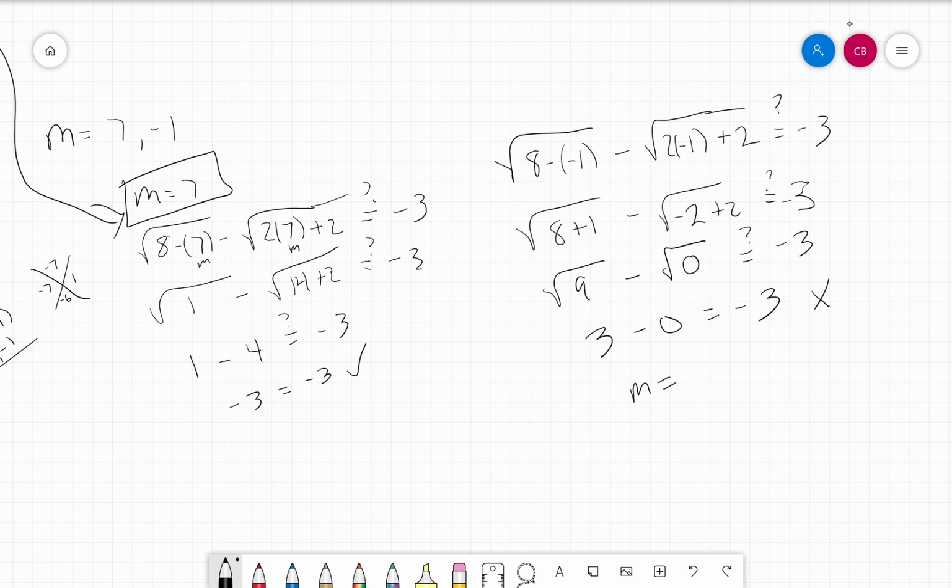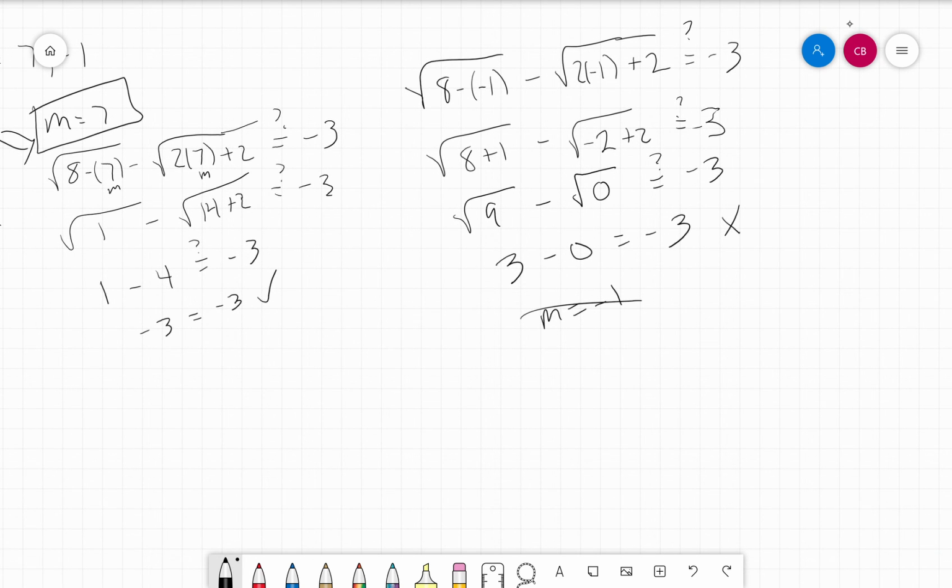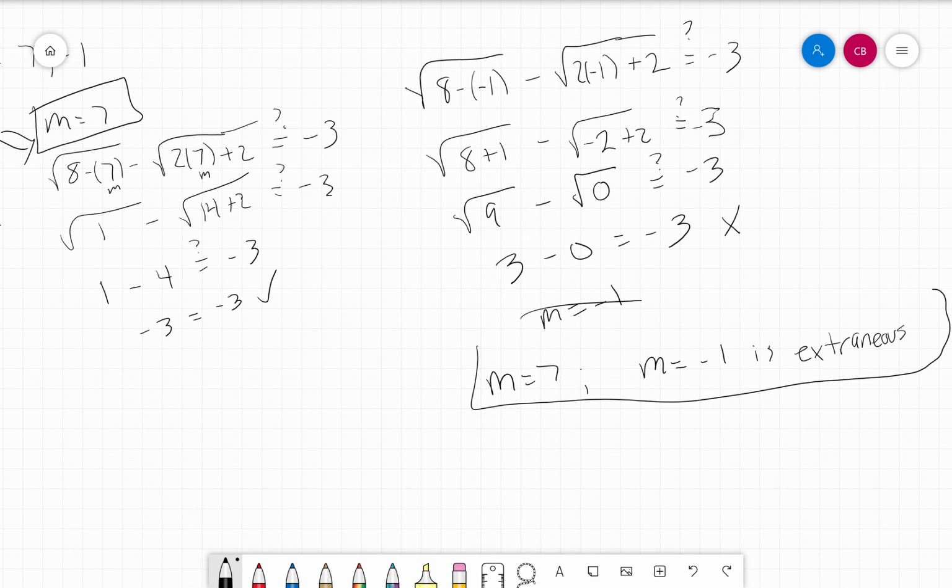Therefore, m equals negative 1 is not a solution. So your answer here is m equals 7. M equals negative 1 is what we call extraneous. Okay, so that would be your solution. That would be your extraneous solution.